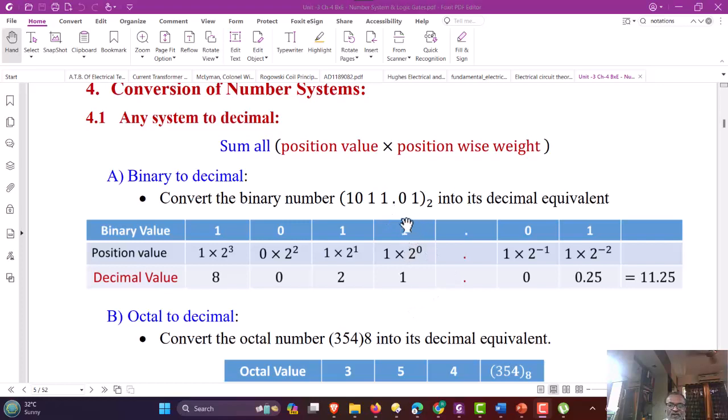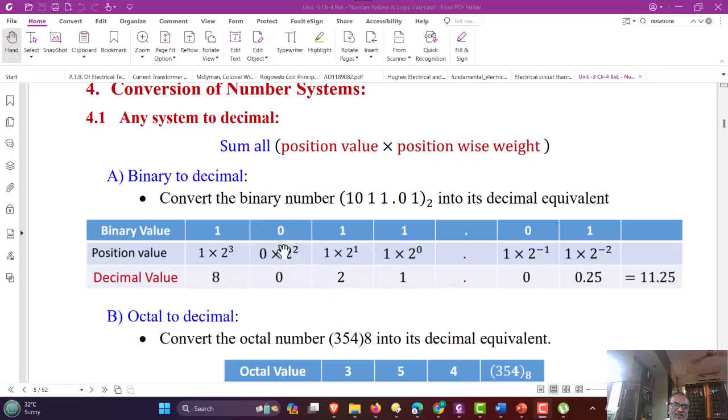So here at the 0th position in the integer section, the total weight is 1 into 2 raised to 0, that is 1. The first position, the binary bit is 1 and the weight is 2 raised to 1, so the weight of this binary digit is 2.